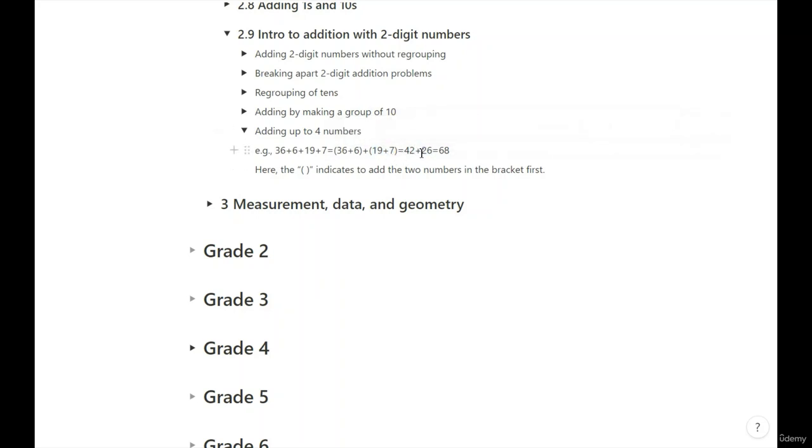Then this four numbers addition becomes two numbers addition here. Then we can add these two numbers again to get the final result. So 42 plus 26, we get the final result, that is 68. Here, the bracket indicates to add the two numbers in the bracket first.